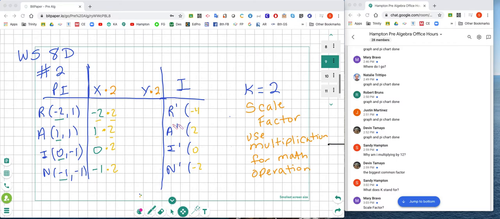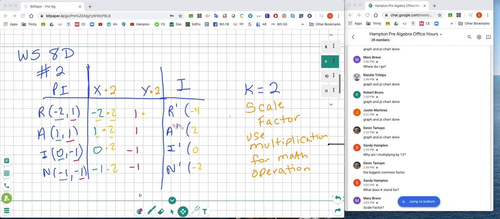Now we're going to go and find our y's. So 1 is a y, and 1 is a y, and -1 is a y, and -1 is a y. And now we're going to multiply the y's by 2.